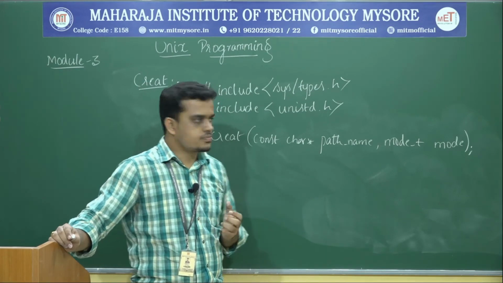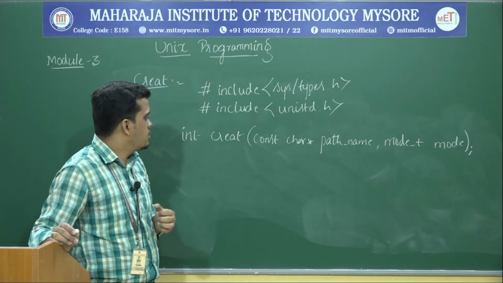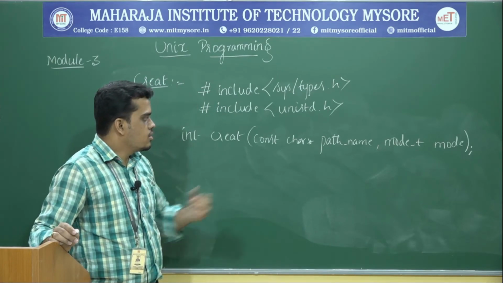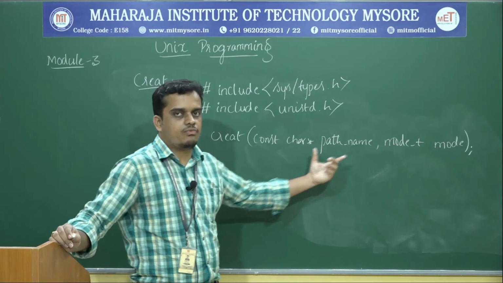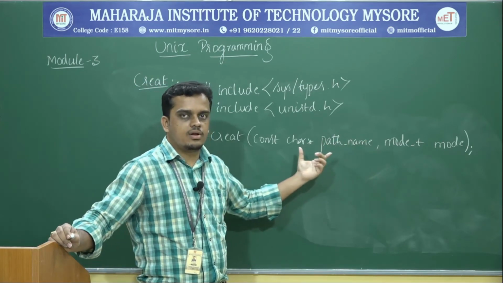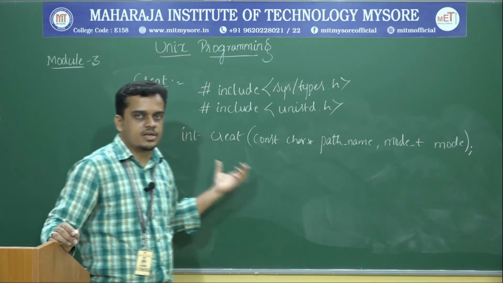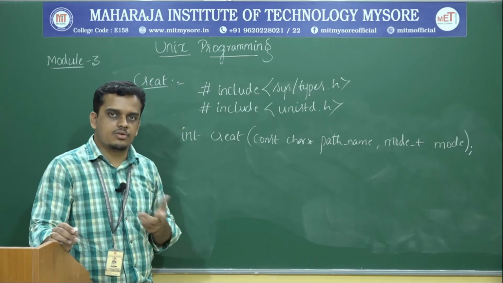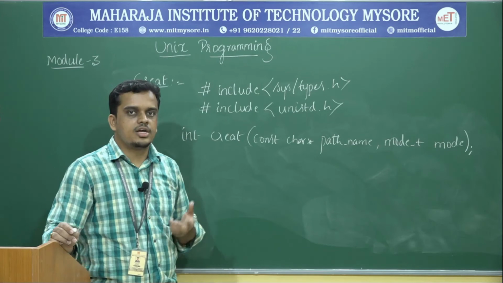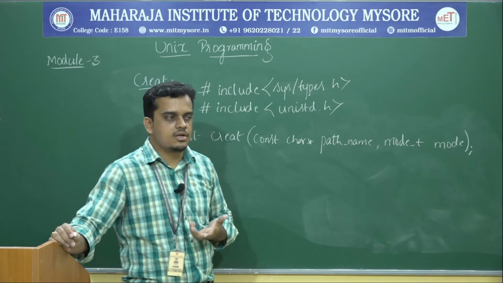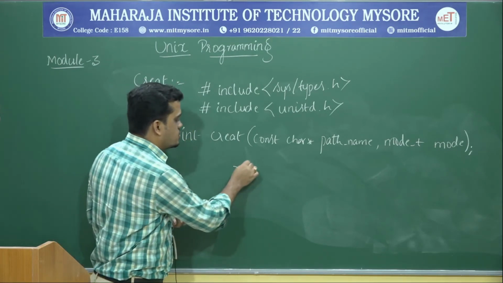group and others. So this create API will specify the path name followed by the mode, and it will actually create the particular file and return a success status. If not the case, it will return the failure status. That failure status is nothing but -1.